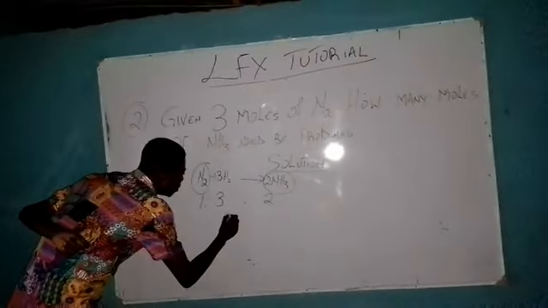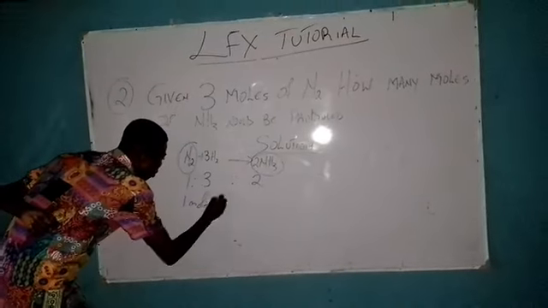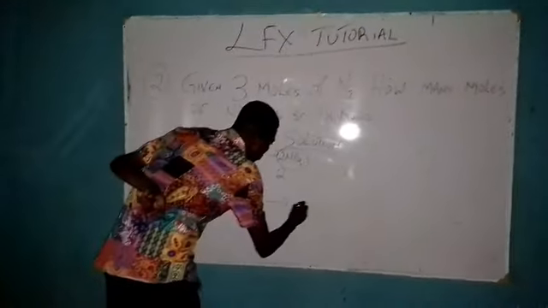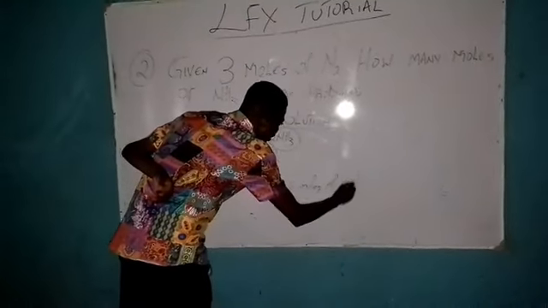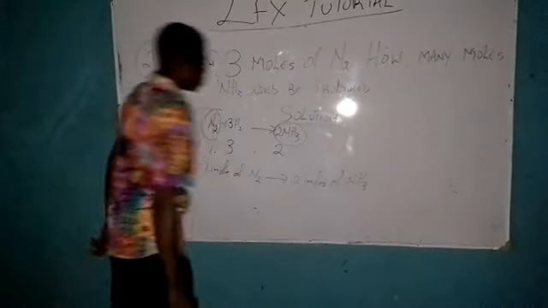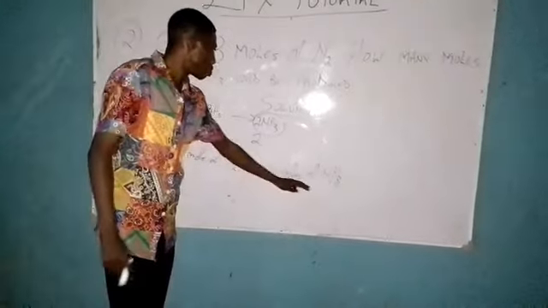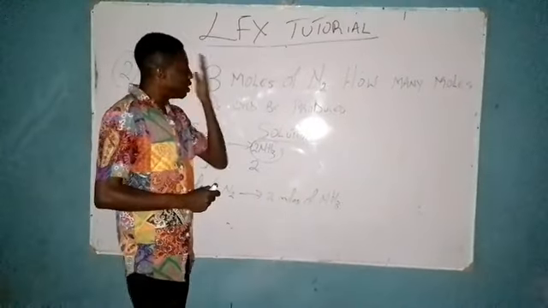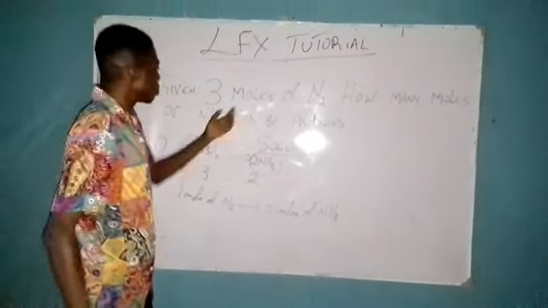Now let's move on. Our solution will now be: since 1 mole of nitrogen gas produces 2 moles of NH3, since 1 mole of this will produce 2 moles of this, when you are given 3 moles, how many of this will you now produce?